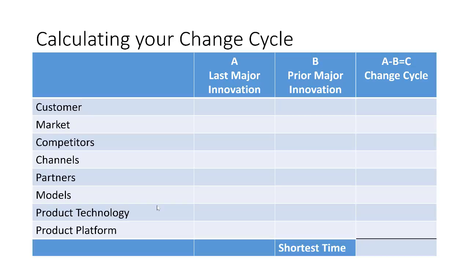When was it that they asked for a new feature that was like, oh, we don't have that yet. Nobody in the industry has that. And the customers are clamoring for it. When was the last time? And then prior to that, when was the one before that they asked for a new feature? You might not have this information because you might not be tracking it, but you should be. As a business, as an industry, you should be tracking all 8 of these at least.